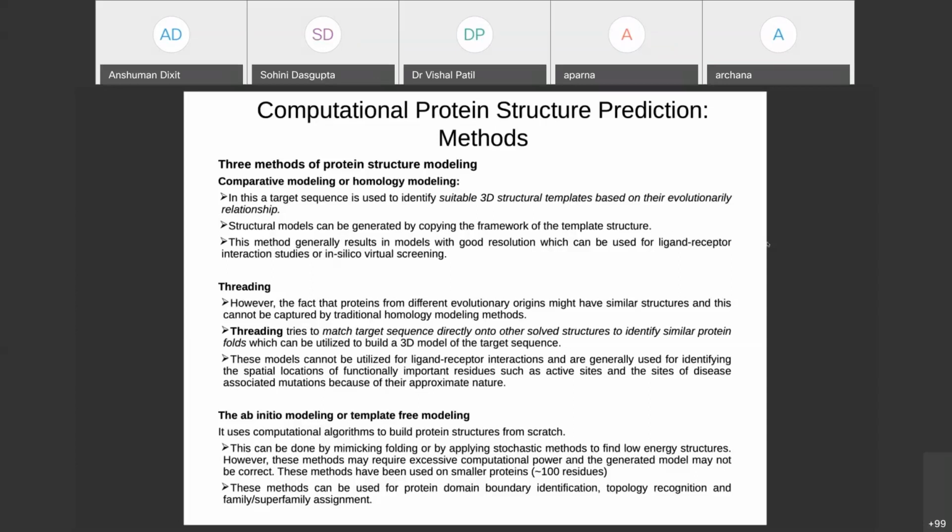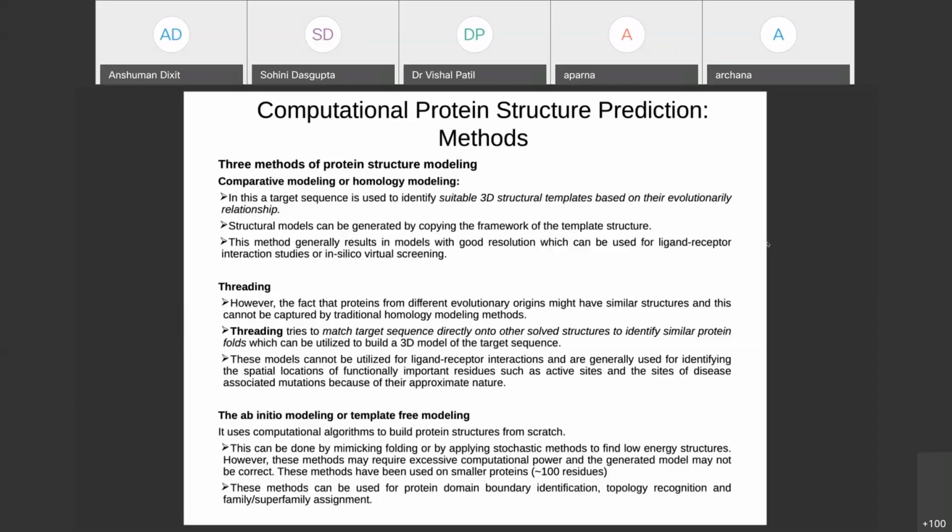Threading tries to match the target sequence directly onto other solved structures to identify similar protein folds that can be utilized to build a 3D model. So even if there are no identical amino acids, using threading you try to identify similar protein folds that can be utilized to create a whole 3D structure of your target sequence.